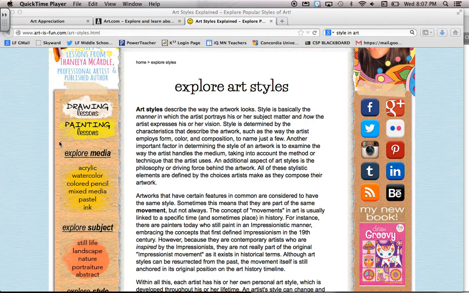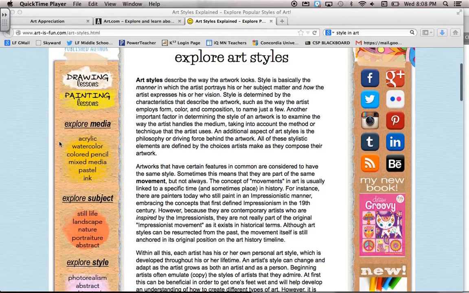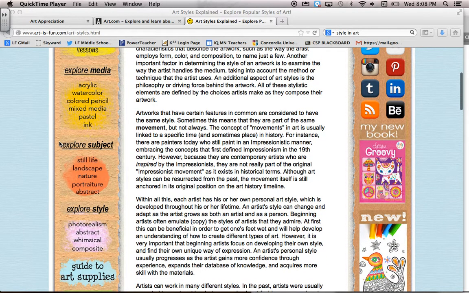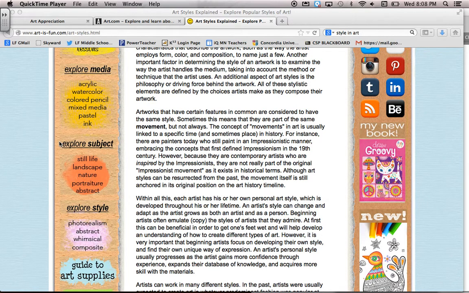So there are a few different ways to decide what category an artwork would fit. It says artwork that has certain features in common are considered to have the same style. Sometimes this might mean the same movement, but not always.